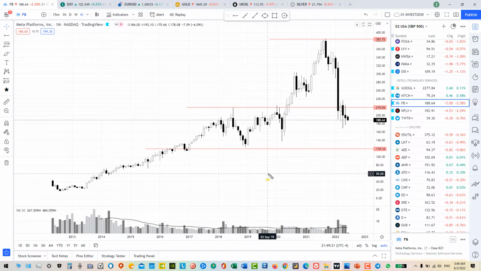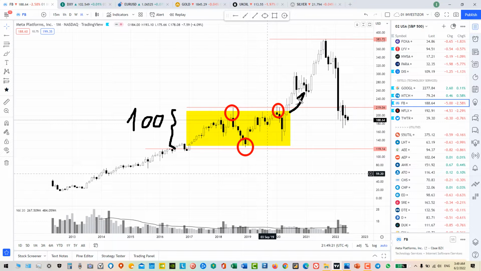These levels are very important because we can see here Facebook was in a trading range or a sideways. It was a very wide trading range, having support around 120, and it had resistance around 220. So it was of a $100 thickness.